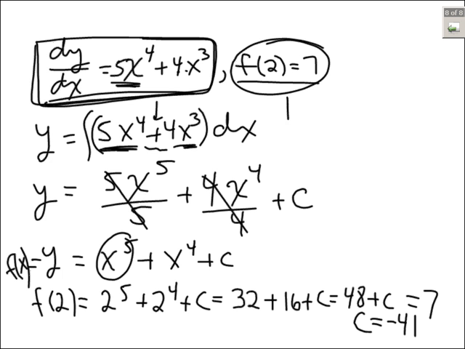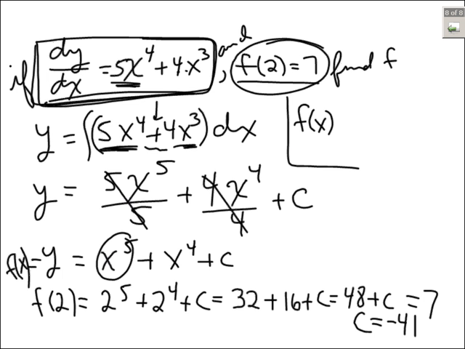So right here, I'll write down what f of x is. If dy dx equals that, and f of 2 equals that, find f of x. Maybe I said that in words, but there it is. Instructions are to find f of x.